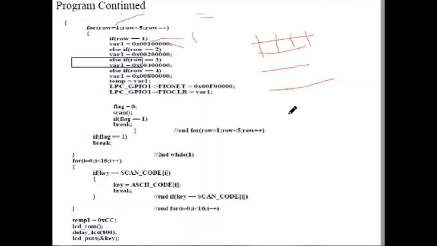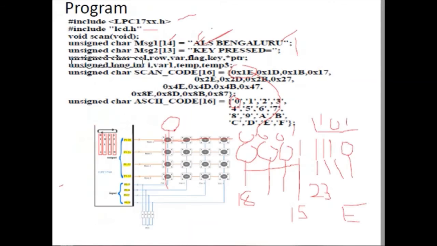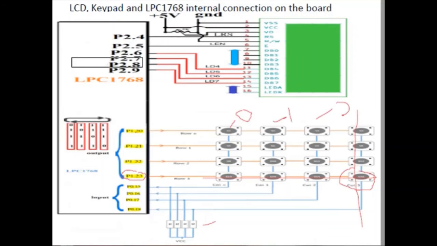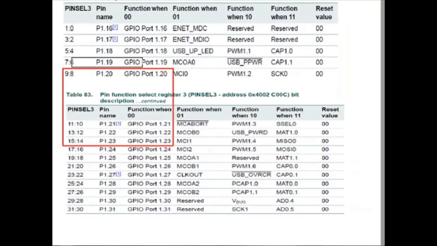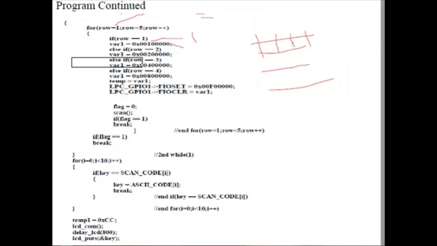That will be set with FIO set. Whatever value is held by that particular port bit, it will be set to that value. Then we will clear the contents. If any garbage value is there on variable 1, that will be cleared for the second scan.